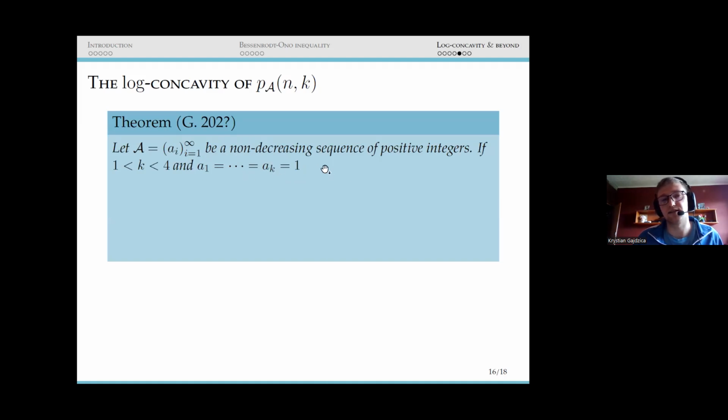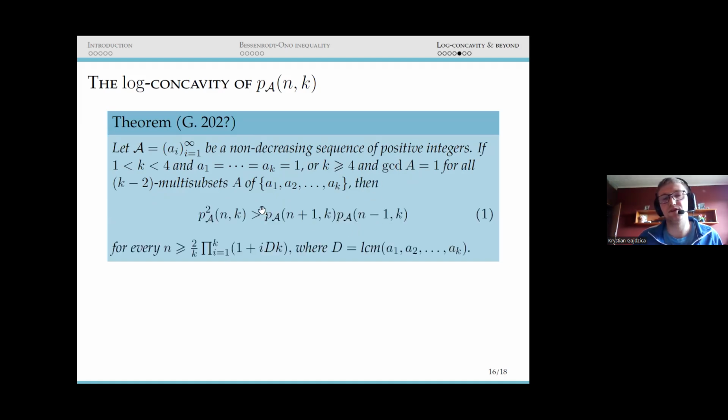Or if k is at least 4, then it is enough to assume that the greatest common divisor of a, where a is each k minus 2 multisubset of the multiset a1 up to ak, is coprime. And with this additional assumption, we obtain that the restricted partition function is in fact log concave for sufficiently large values of n.